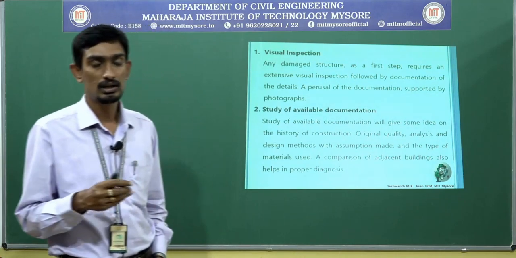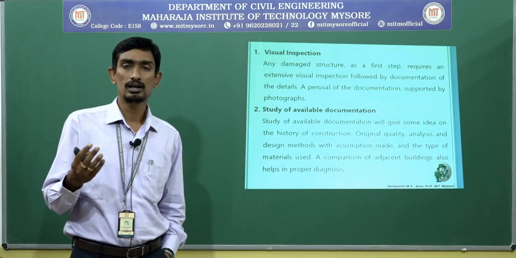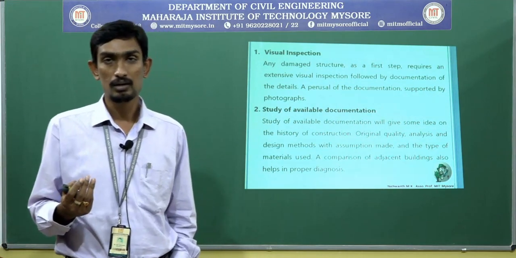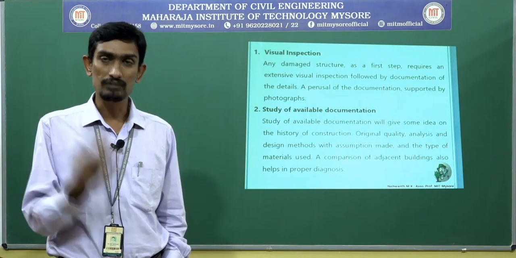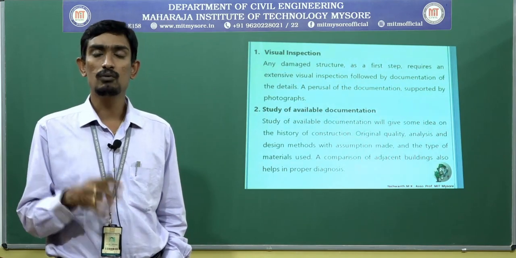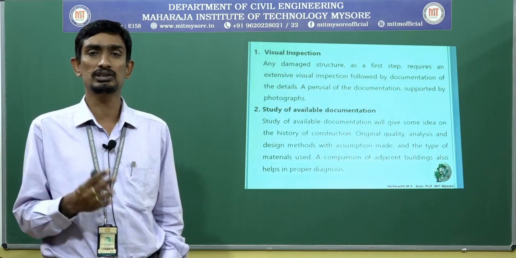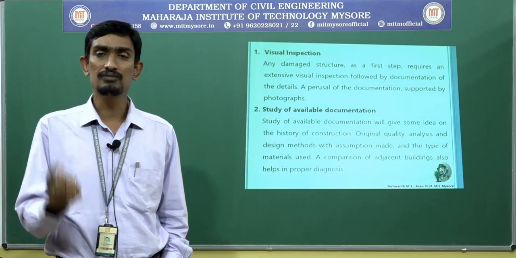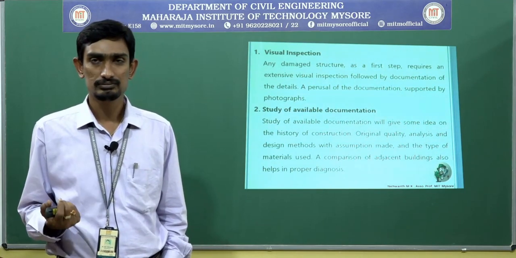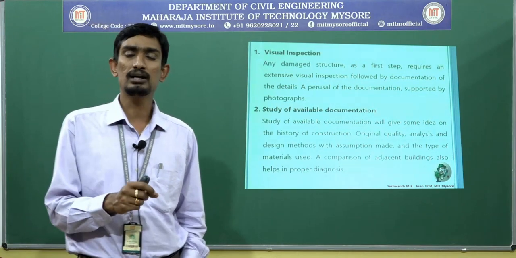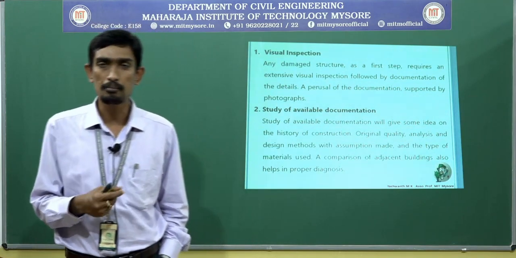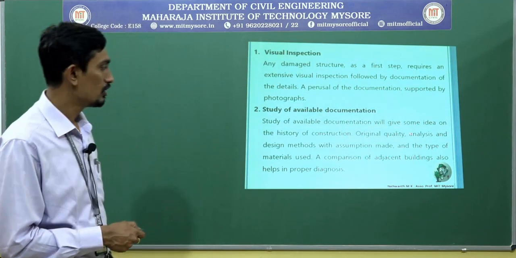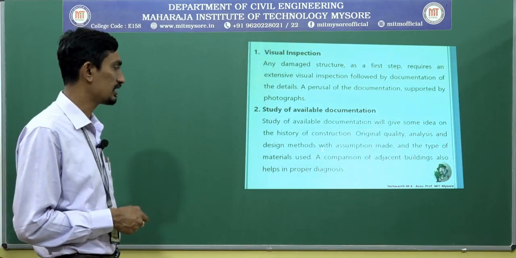The client will say it is M30 grade concrete, but you need to confirm in the field, while doing the damage assessment, whether it actually possesses M30 or not. You cannot simply rely on the client's information. You need to experiment on that particular structural component and come to the conclusion. That is what quality, analysis and design means.